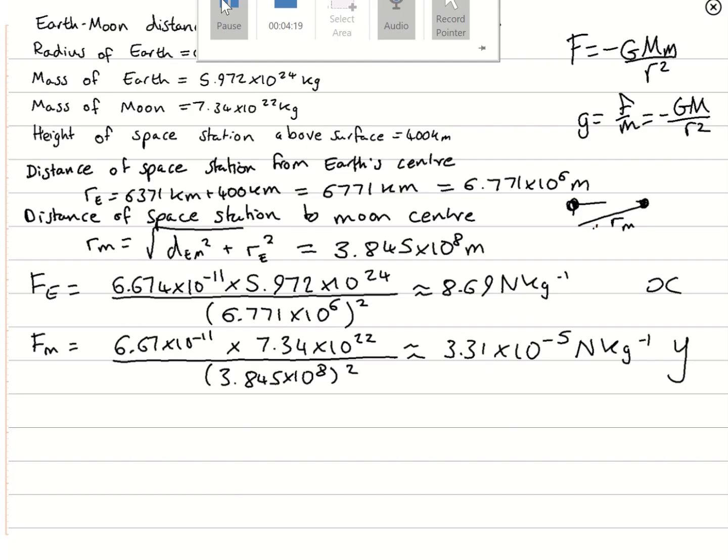Okay, so f of x is about 3.31 times 10 to the minus 5 newtons per kilogram.